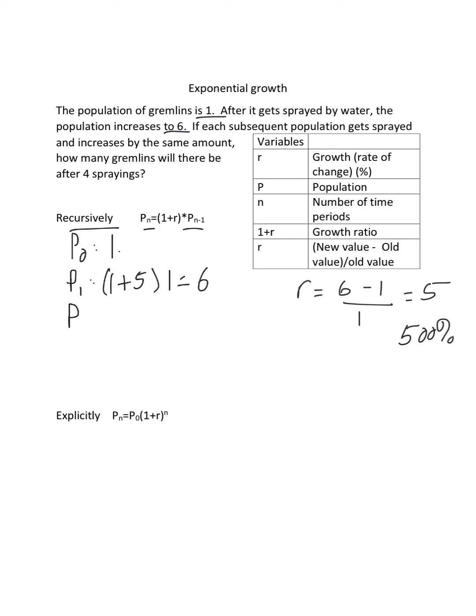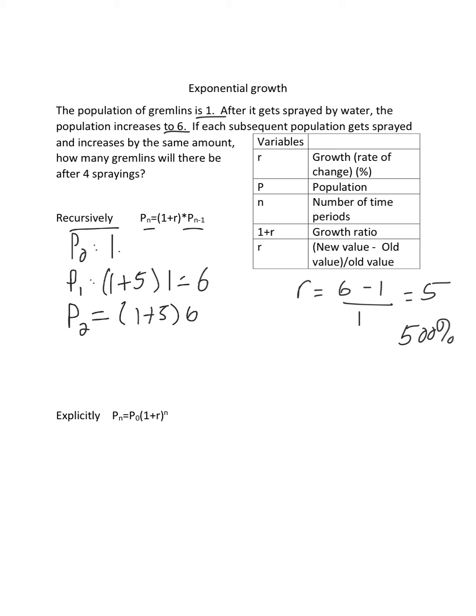After 2 growth periods, p sub 2, it's still going to be 1 plus 5, because the growth rate is still 500%, times p sub n minus 1. Well, if n is 2, n minus 1 is going to be 2 minus 1, or 1.